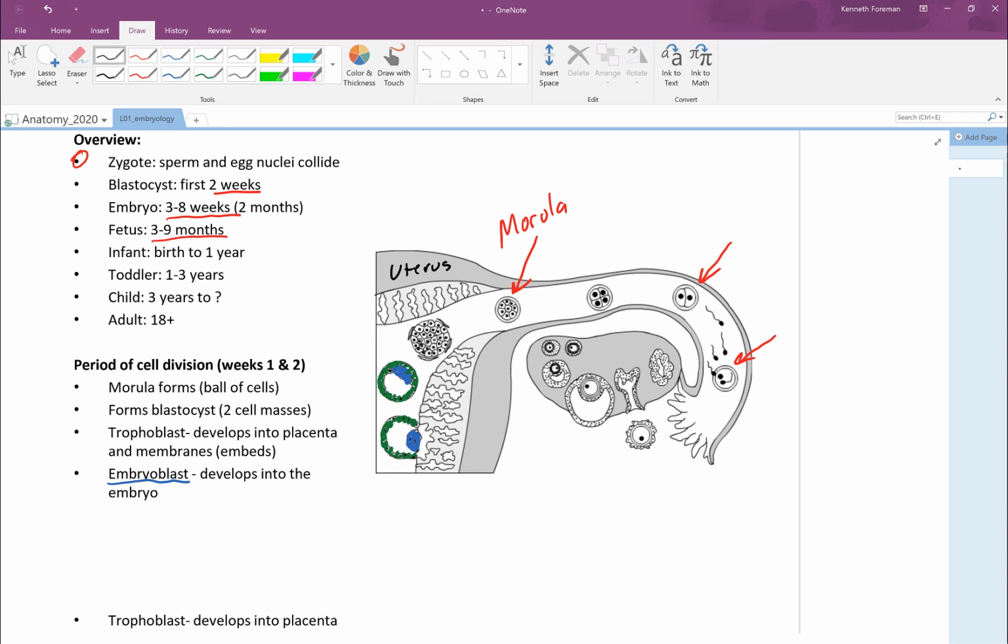Inside of that basketball is a little ball of cells, which we call the embryoblast. Those embryoblasts would be sitting at the bottom or on the side of that basketball. If you cut the basketball in half, you can see the outer layer of the trophoblast and also this inner layer of the embryoblast. The trophoblasts eventually develop into the placenta and membranes as it embeds into the uterus, and the embryoblasts develop into the actual embryo itself.